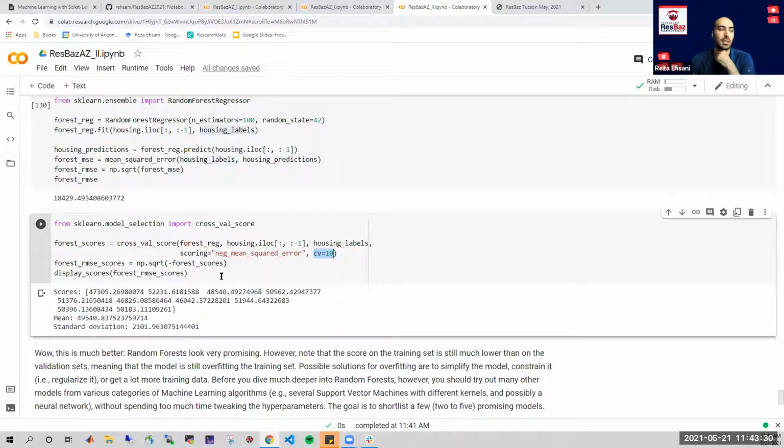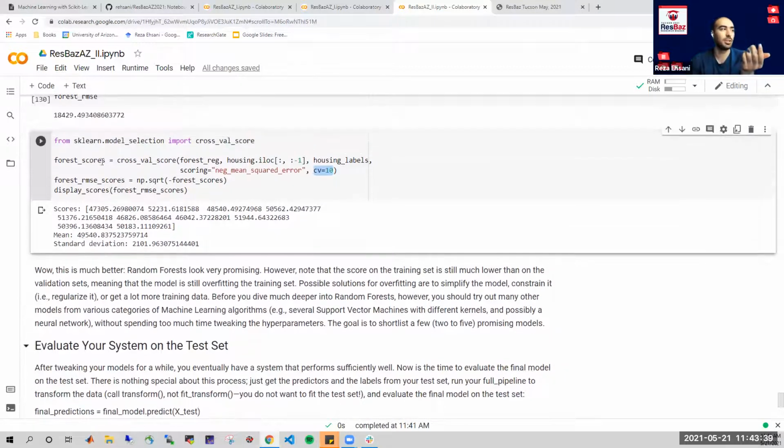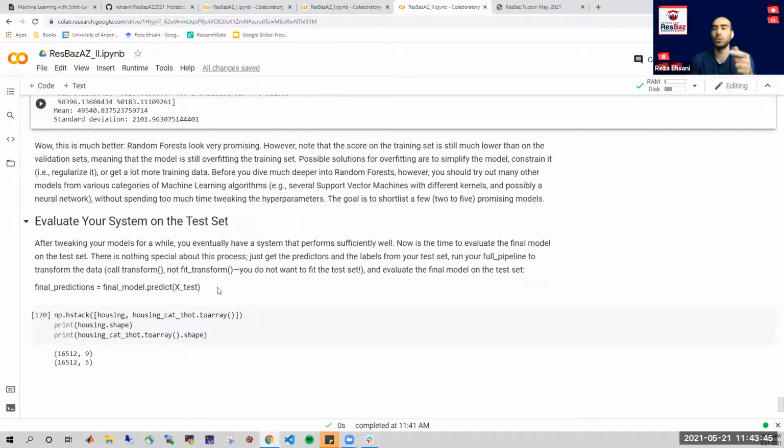It's not using the test set here. But if you are interested to calculate the score over the test set, you just need to call your cross-validated model and then use the predict method, calculate the predictions, and then compare them with your test set.